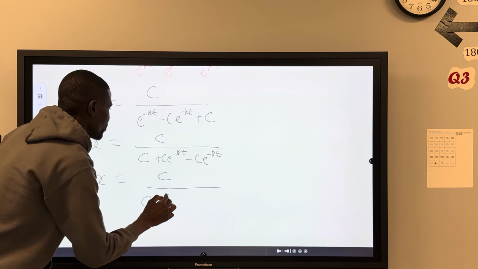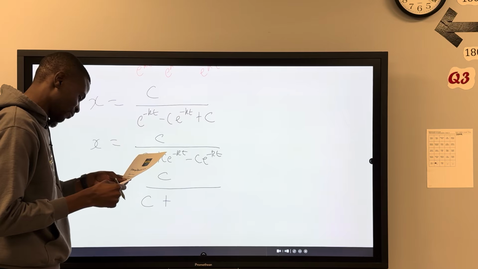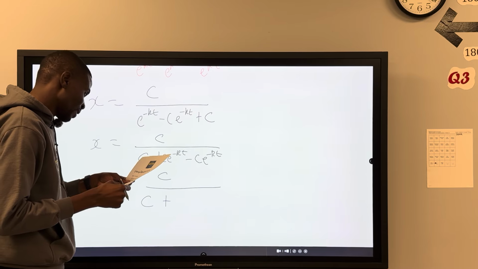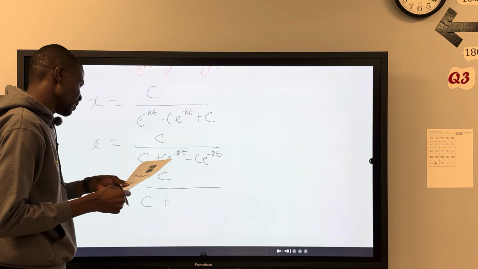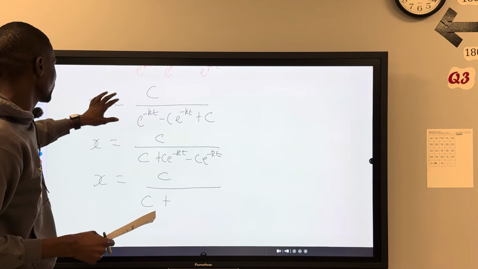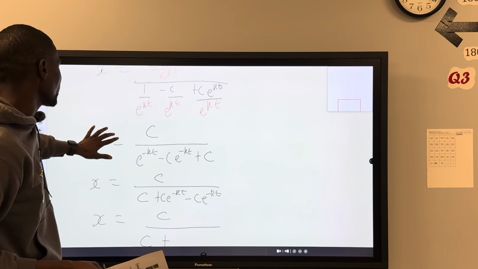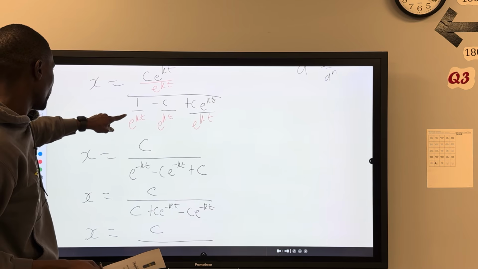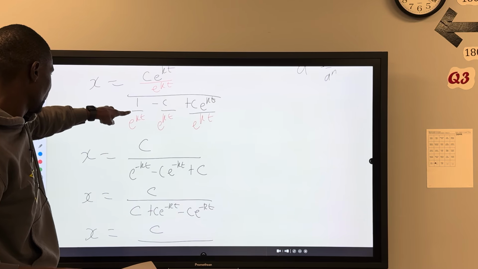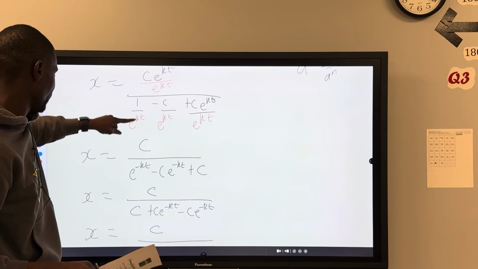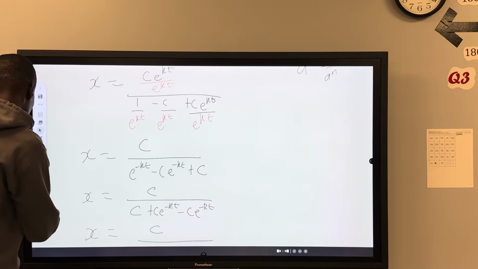Then I'm going to move e to the negative kt. Let me see, just 1 second. I think I made a mistake somewhere here. I don't have a c here, so this is just e to the negative kt. All right, cool.